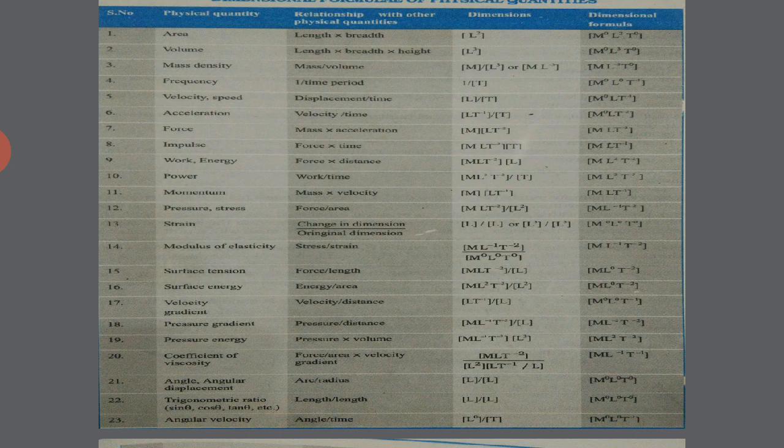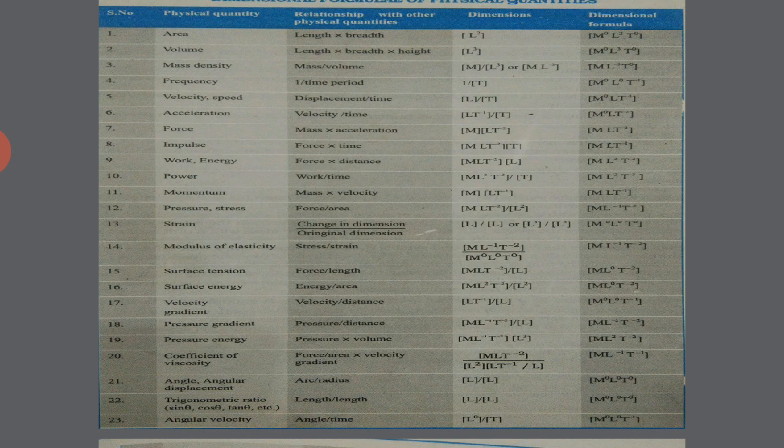Okay, next is velocity gradient, velocity upon distance. Then pressure gradient. Whenever we talk about a gradient, the physical quantity is divided by distance. Pressure energy, pressure into volume.